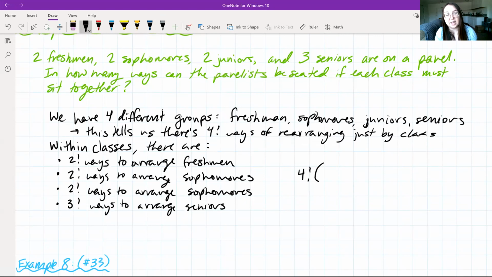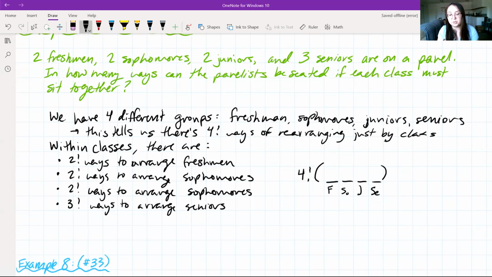And now we want there to be our factorials on how to rearrange each class. And since we know that there's only 4 classes, this is freshmen, sophomores, juniors, seniors.